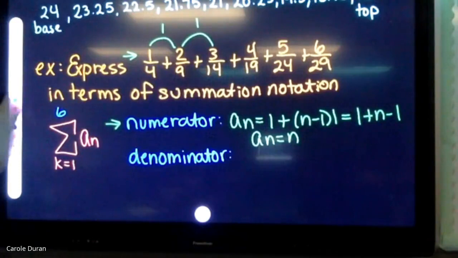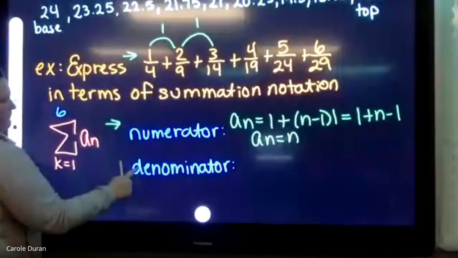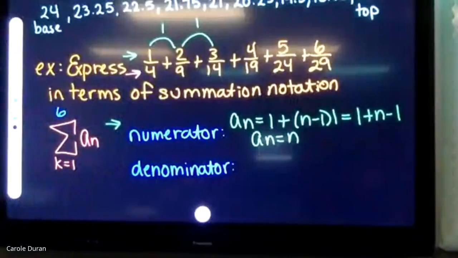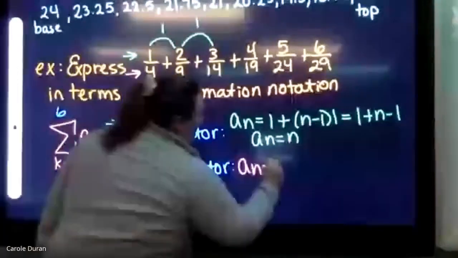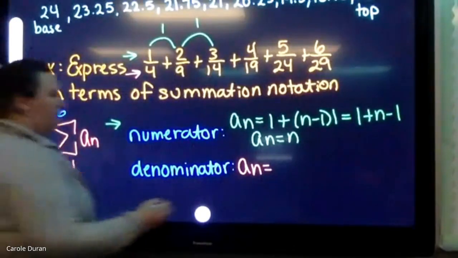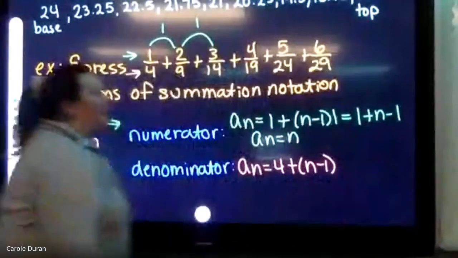But now I get to do the same thing with my denominator. Afraid it would do that. So now we're looking at the bottoms of all of my fractions. This one won't be quite as easy, but it's still very similar in the process. I'm going to start my nth term rule. What's my first term in that denominator sequence? 4. Plus n minus 1 times my common difference.